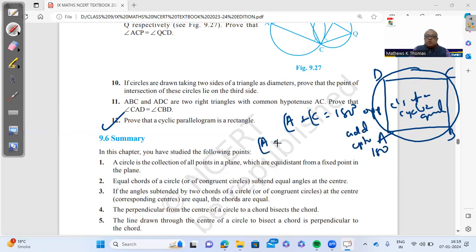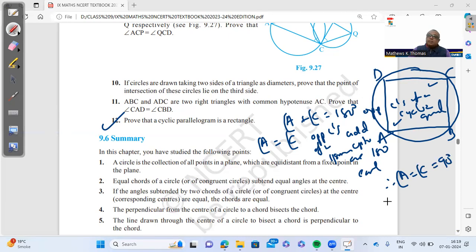And if it's a parallelogram, I know that opposite angles are equal. So A plus C is 180 and A and C are equal. Therefore, both of them will be 90. I can repeat this procedure on the other side.